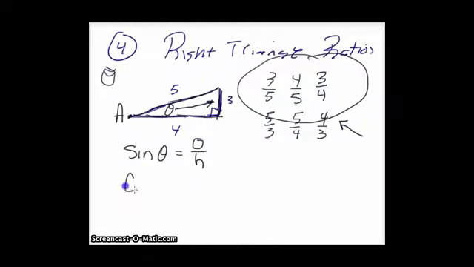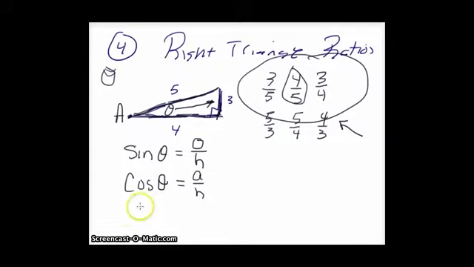Now, we have another one called cosine. Cosine of theta is another ratio. It happens to be this one right here. Cosine is the adjacent, which means next to, over the hypotenuse. So adjacent over hypotenuse. That makes sense?